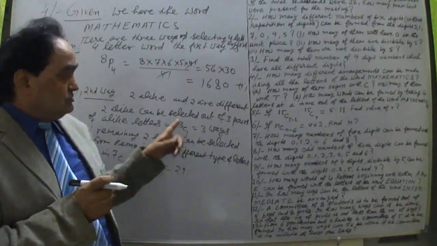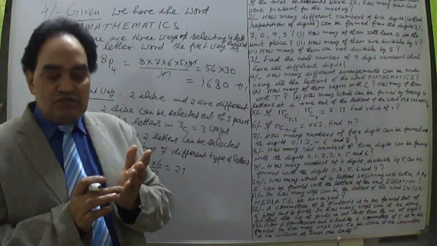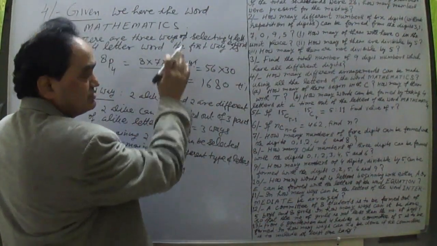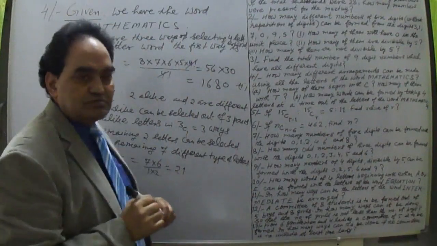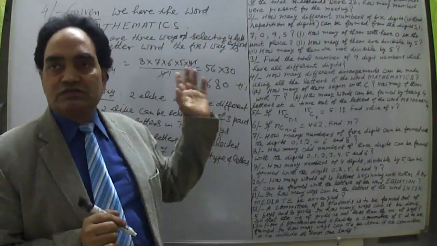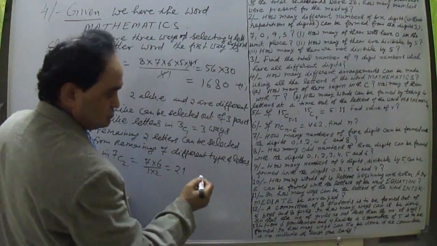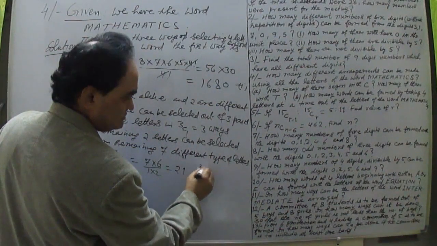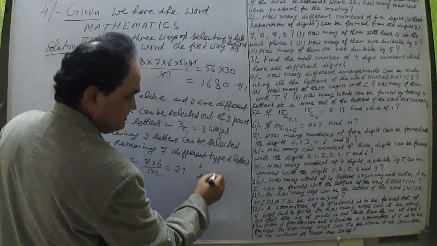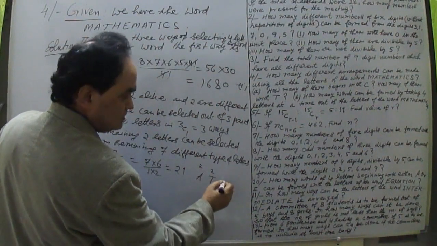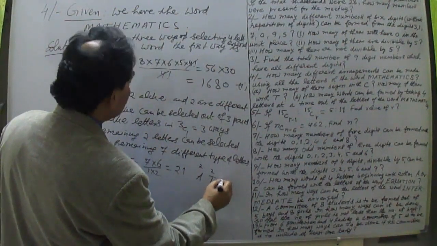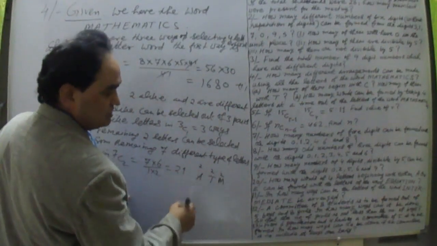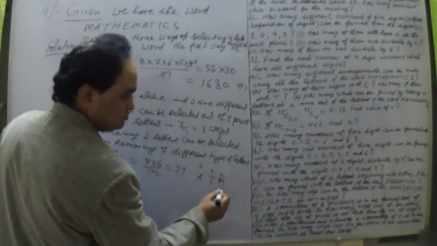Now, there are 8 different kinds of characters. A is the first kind of character which is repeated, T is also repeated, and M is also repeated, each coming 2 times, and 5 other letters are also there.